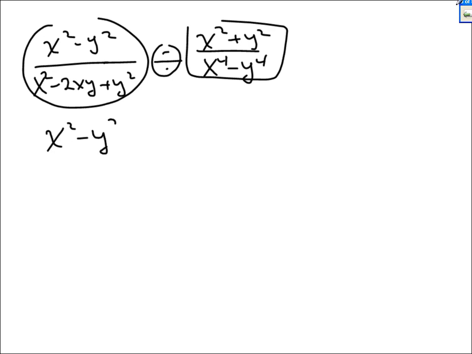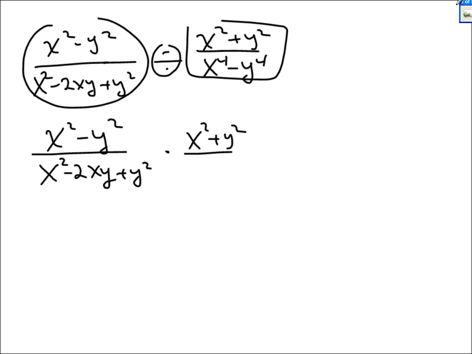X squared minus y squared over this times x squared plus y squared over x to the fourth minus y to the fourth. Now, there's absolutely no reason to really separate this.